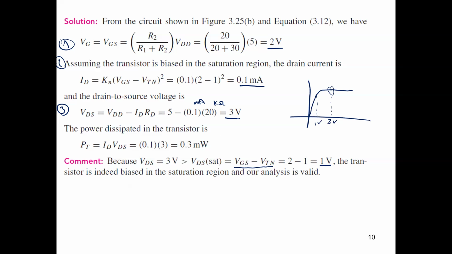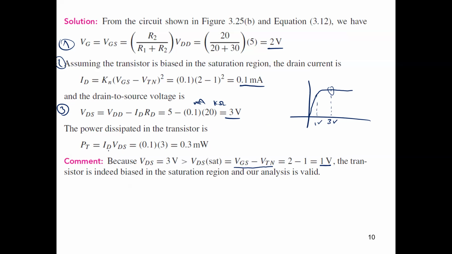Okay, so now we are good to go to the next step, which is the power dissipation. For any device, guys, this is the rule, for any kind of power or electrical element: I times V across the element is the power dissipated on this element.